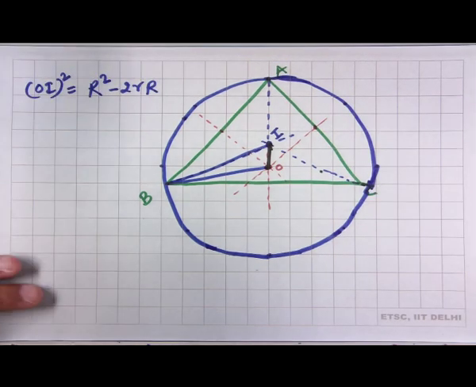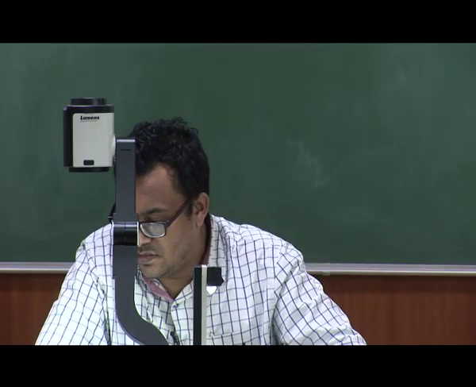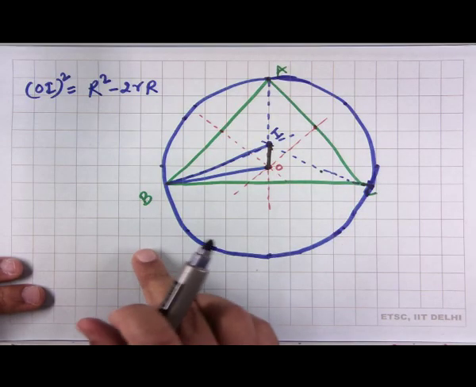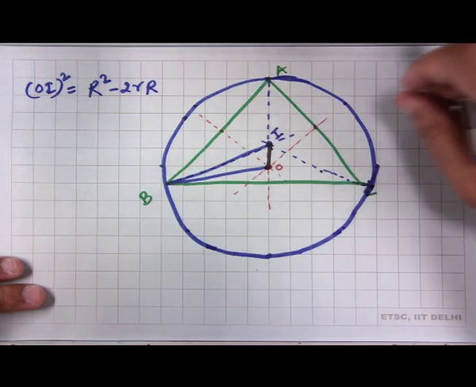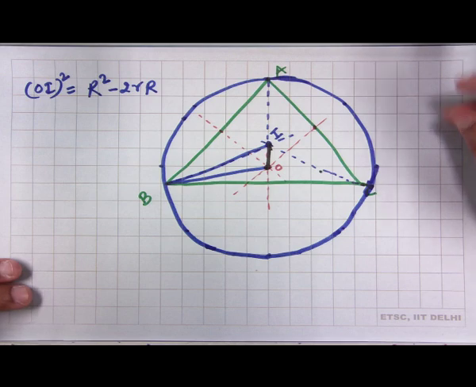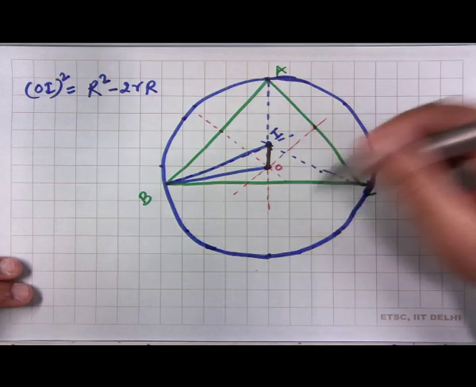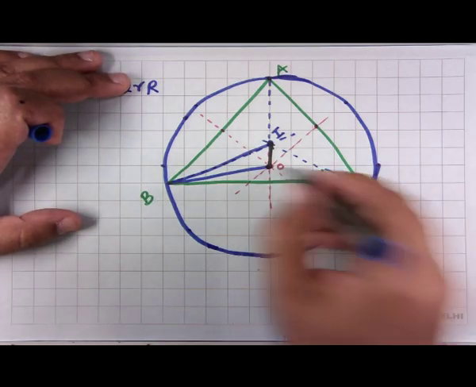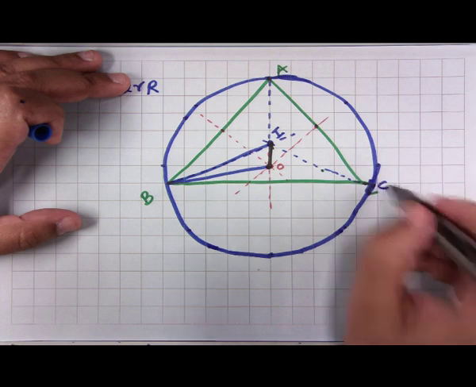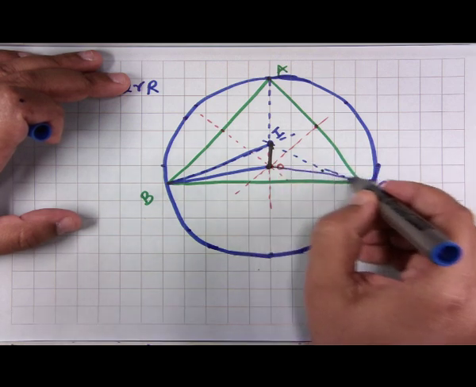Let us say that this is the circumcircle. As we can see, the circumcircle is touching all the points A, B and C of the triangle ABC with O as its center. Let us also join O and C.